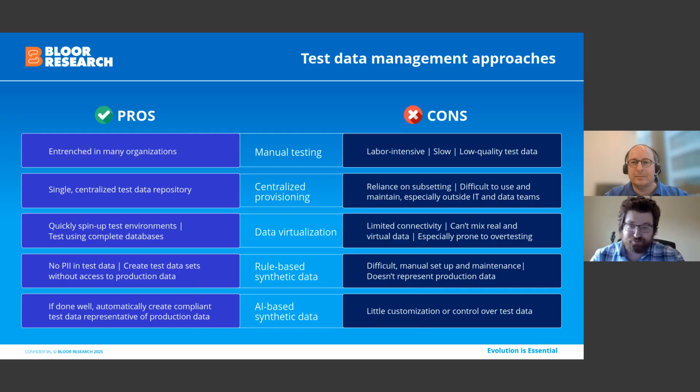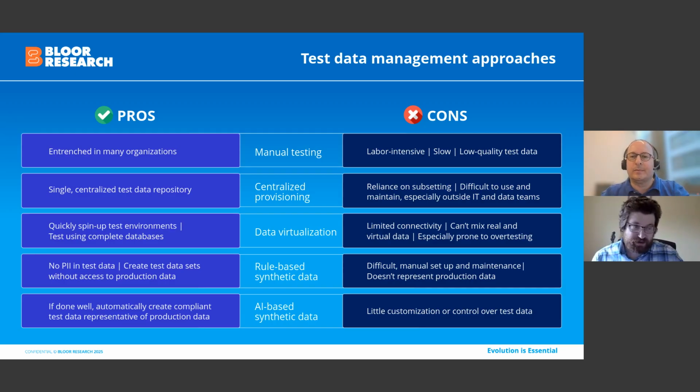Moving on, I don't want to say one step up from manual testing, because this is not hierarchical on the slides, but certainly more advanced than manual testing is centralized provisioning. This is essentially using subsetting to create a single centralized test data repository, from which you can then deliver test data to your testing teams.